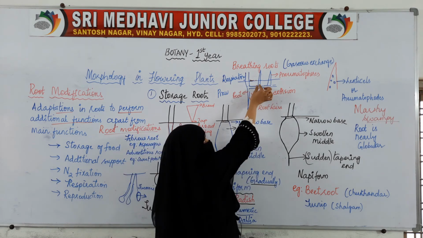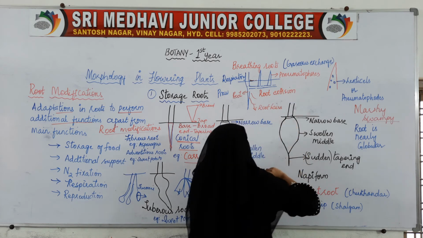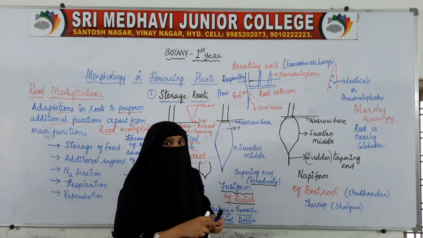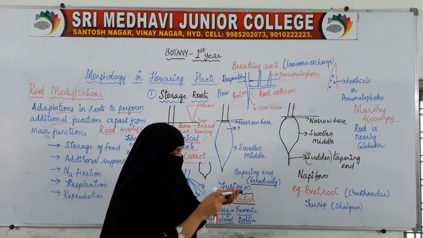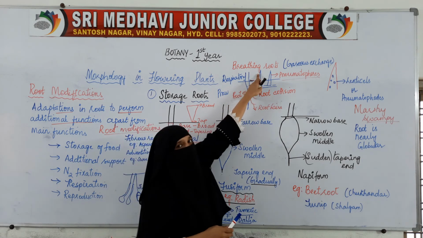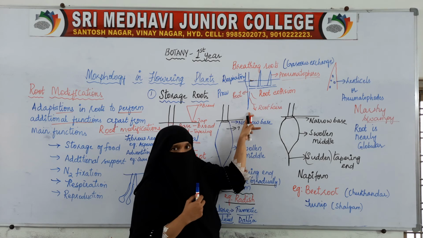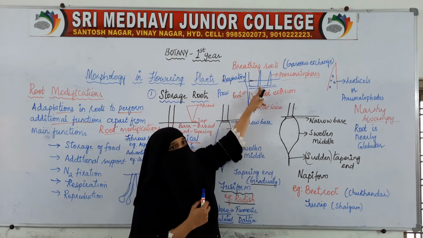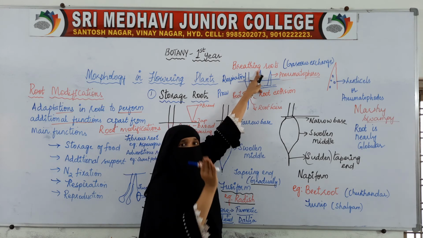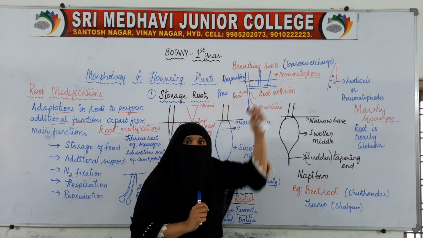These extensions of the roots are called pneumatophores. Pneumatophores are nothing but the extensions of roots which grow upwards. This main root is going downwards, that is positively geotropic, and these roots are growing upwards, above the soil.